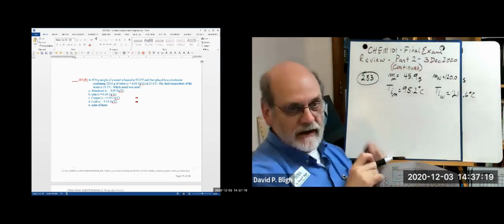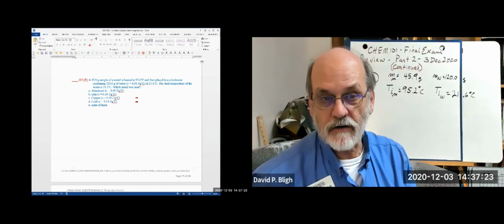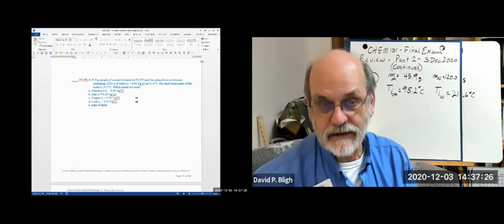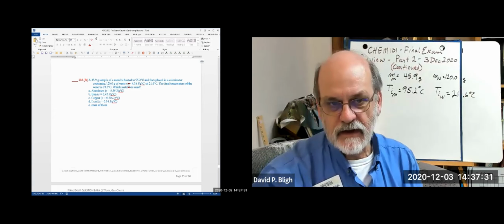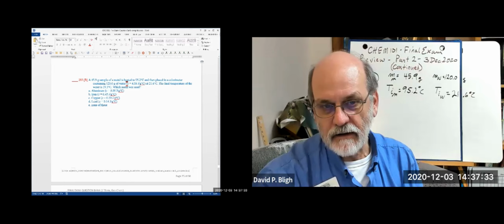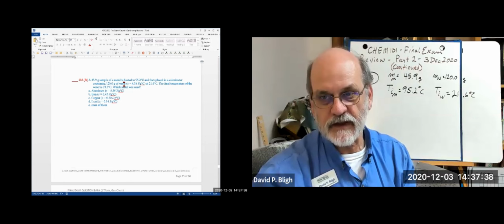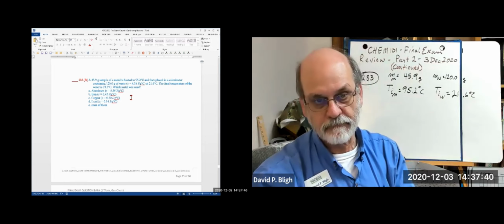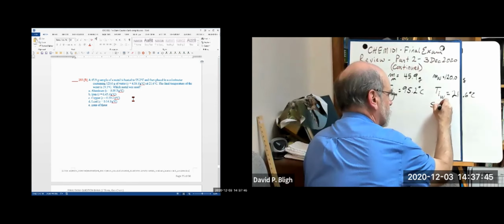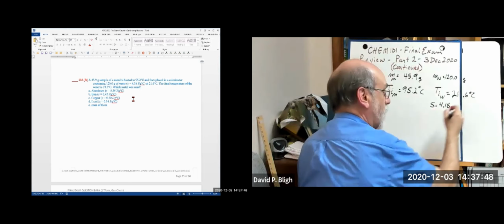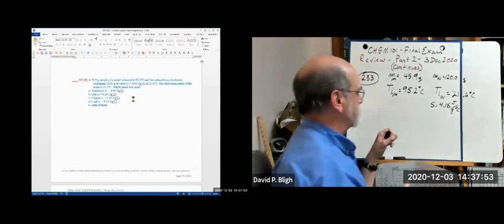Okay. Now, what else are we given? The specific heat of the water is 4.18 joules per gram degree centigrade. And that little C is an archaic version. It's an older version of the specific heat. Now we use a little s. So the specific heat of water is 4.18 for this problem, joules per gram degree C. Okay.